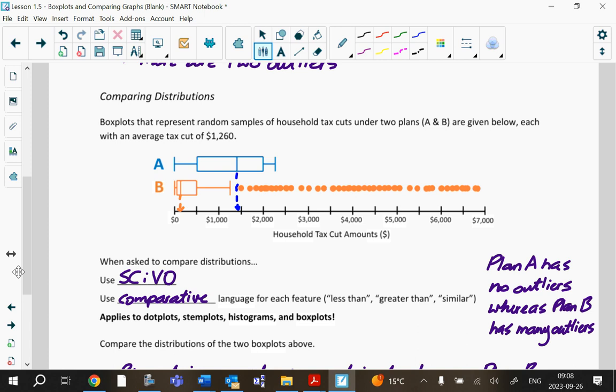If you just calculated the mean, you would say it doesn't matter which one, the average tax cut is still 1260. But then when you look at this, you say, yeah, but there's a lot of rich people bringing the mean up. Most of the people are actually getting a small tax cut. So this seems a little more in favor of wealthy people, where this seems more evenly distributed among wealthy and less wealthy.